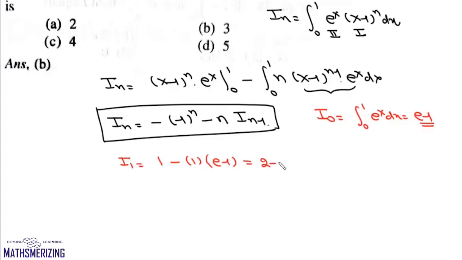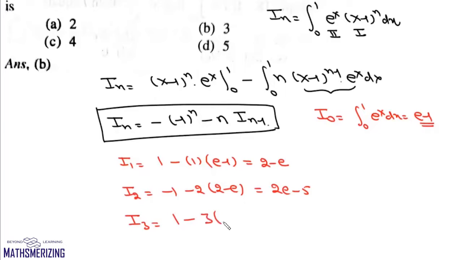So I1 is 2 minus e. We'll find I2. I2 will be minus 1 minus 2 times this, and this is 2 minus e, so it will be 2e minus 5. And if we find I3, I3 will be 1 minus 3 into 2e minus 5.